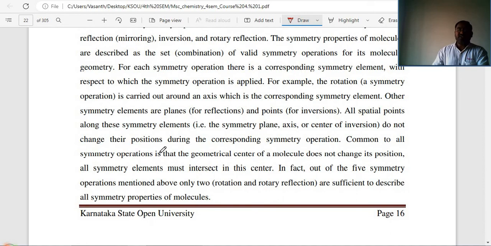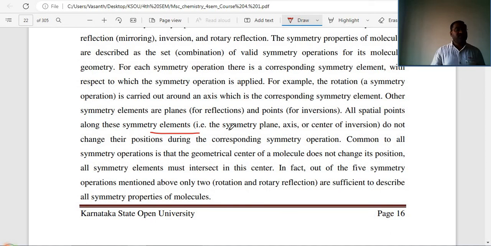Next, all these special points along the symmetry elements, the symmetry plane, axis and center of inversion, do not change their positions during the corresponding symmetry operations.